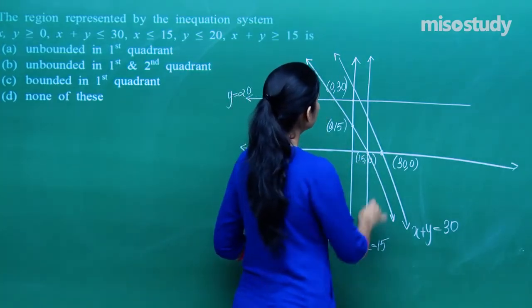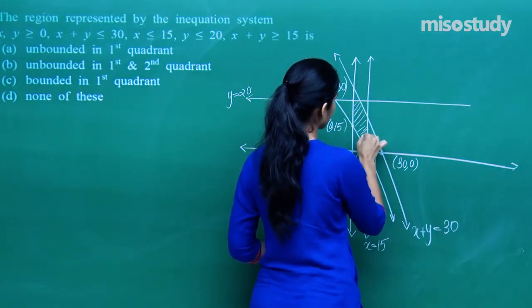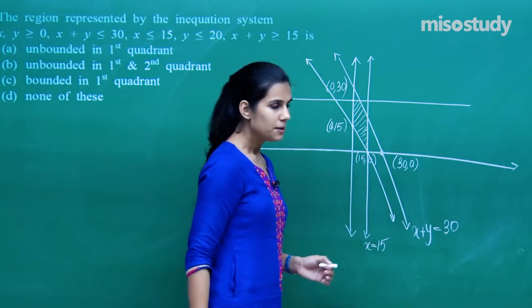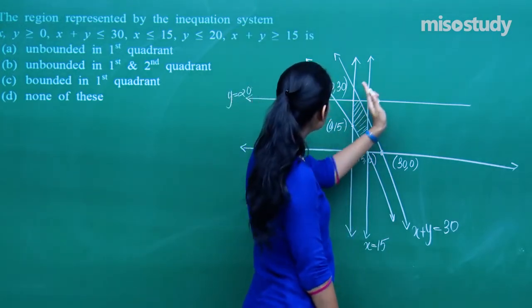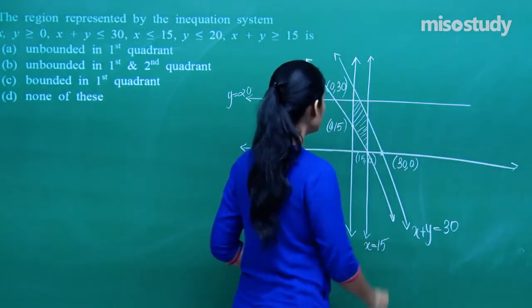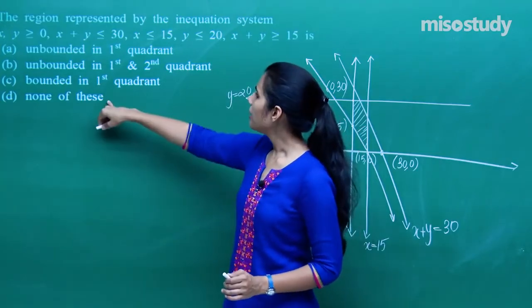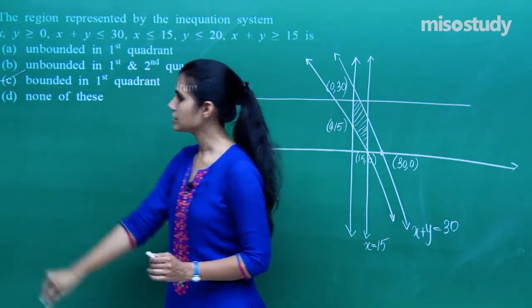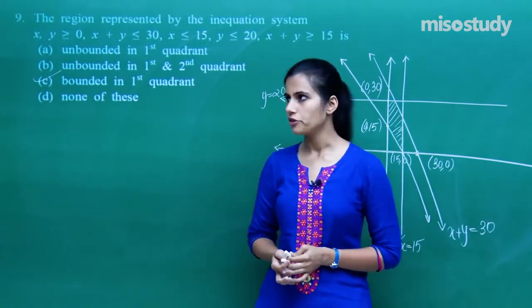The feasible region that you obtain comes out to be this region, because you wanted everything less than or equal to 15, after that greater than or equal to 15, after that less than or equal to 20, right? So this is your feasible region, which is very much a bounded set in the first quadrant.